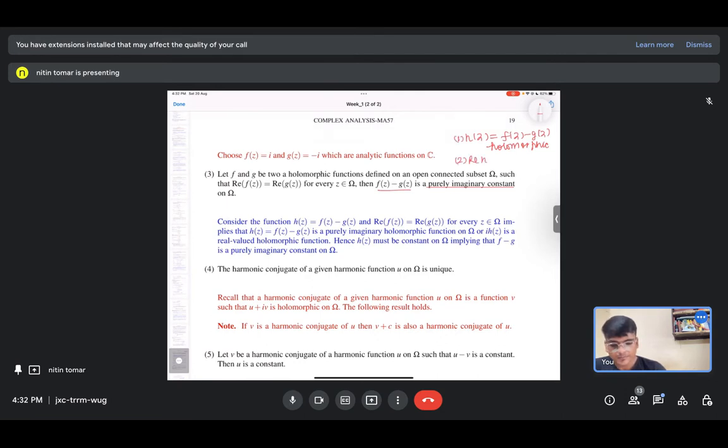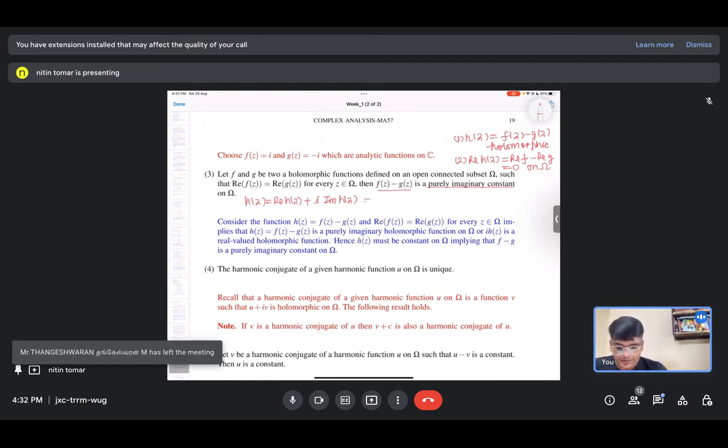Can anyone tell me? It will be the real part of f minus the real part of g, which is 0 on omega. It is given. So h is a holomorphic function whose real part is 0, which means h is iota times the imaginary part of h(z).